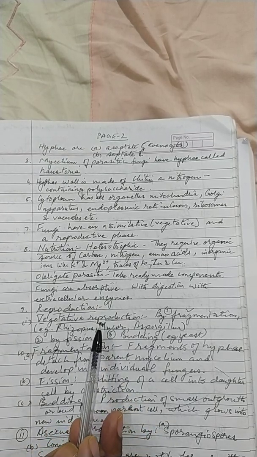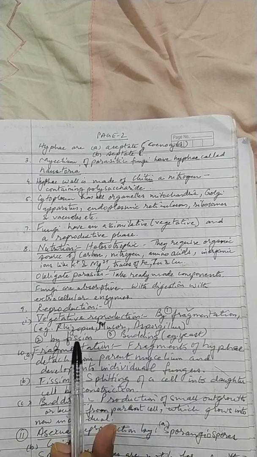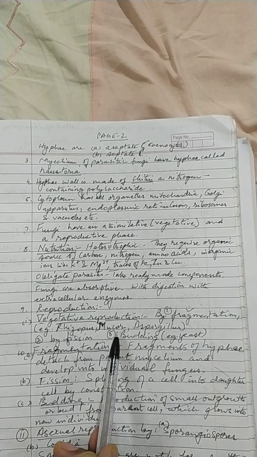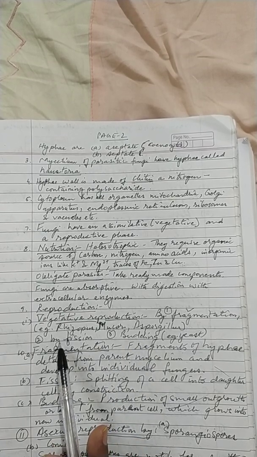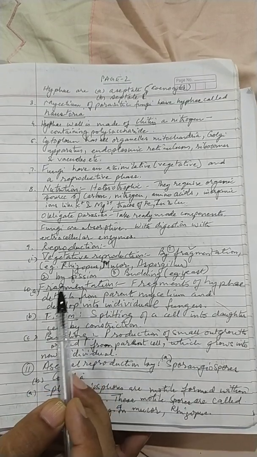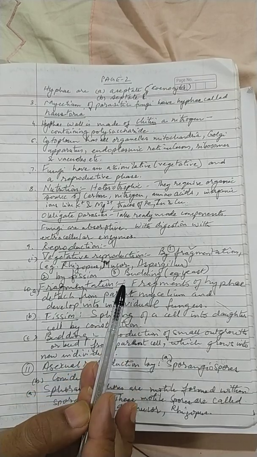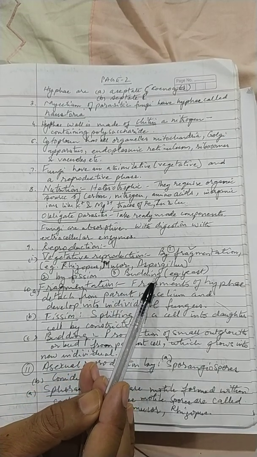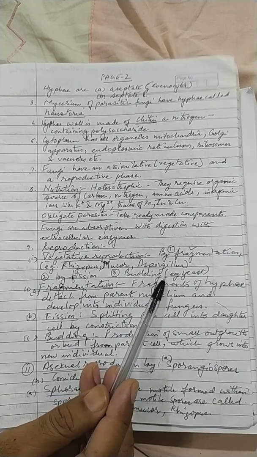In reproduction, we see vegetative reproduction, which is done by fragmentation, in Rhizopus, Mucor, and Aspergillus. Vegetative reproduction is also done by fission and by budding, for example in yeast, which we had seen earlier.